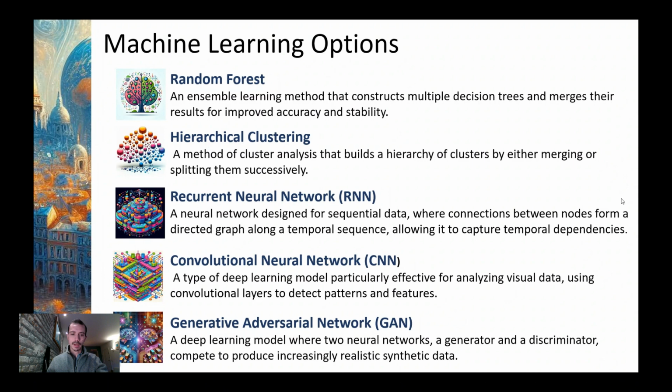And also we have the GAN, the Generative Adversarial Network, which is a deep learning model where two neural networks, one generator and one discriminator, compete to produce increasingly realistic synthetic data.